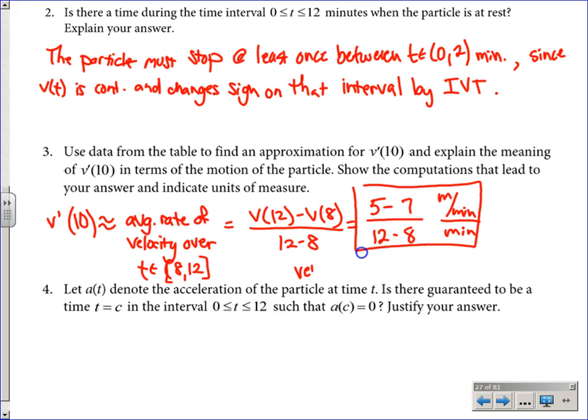So I'm going to say something to the effect of velocity seems to be decreasing at t equals 10 minutes, according to the approximation found above. That's one way.